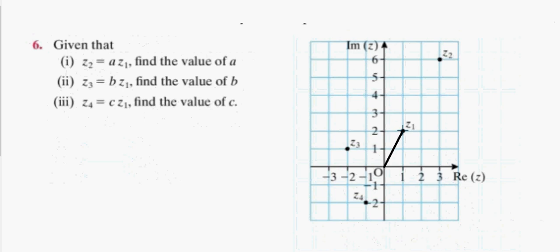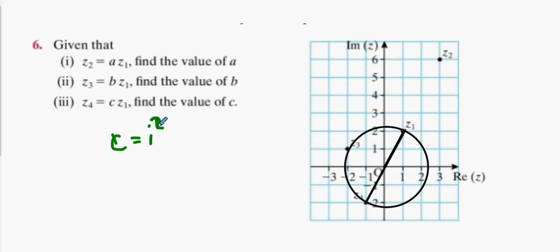Where's Z4 located relative to it? 180 degrees, would you agree with that? You can either call C i squared or minus 1, your choice. Same thing really, isn't it? C equals i squared or minus 1. Is that alright with you guys?